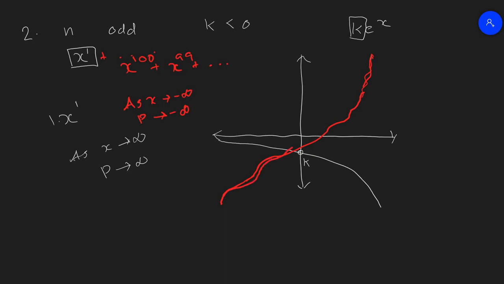But anyway, since it reaches positive infinity and negative infinity, it will touch this exponential function at least at one place, because there is no other way it can jump above it and reach infinity, as a polynomial function is always continuous. Thus, p of x naught is equal to k times e power x naught for some x naught. The second option is also correct.